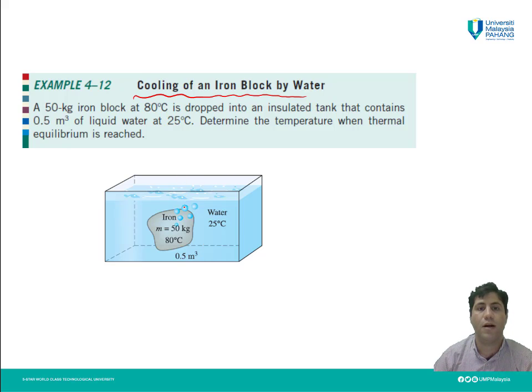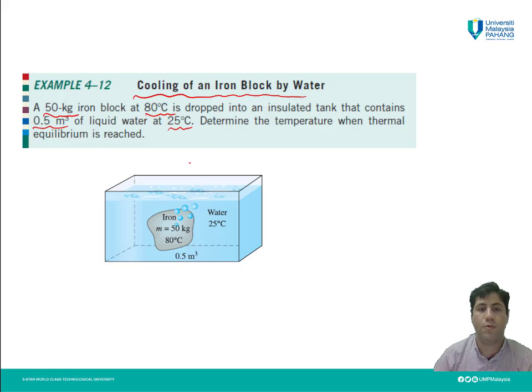We will drop a piece of iron into this water. The mass of this iron block is 50 kilograms and its temperature is 80 degrees Celsius. The temperature of the water is 25 degrees Celsius, and the volume of the water is 0.5 meter cubed.